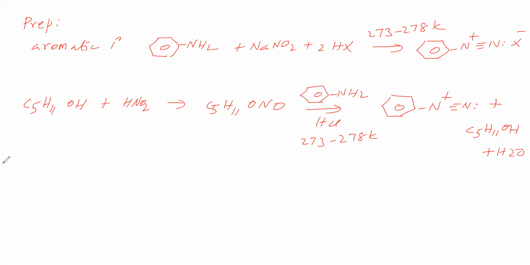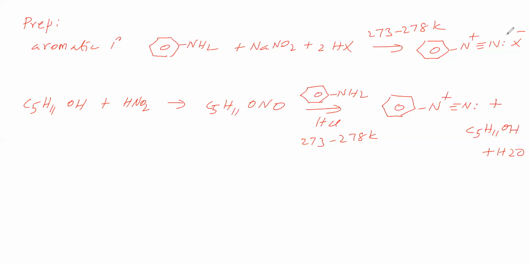Here the temperature we provided is 0 to 5 degrees Celsius. Why? Because diazonium salts are unstable, therefore we are providing a very low temperature. Diazonium salts we have to keep in aqueous solution only.